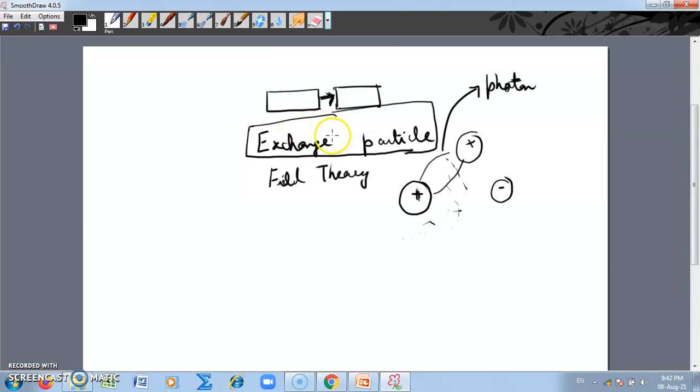So we now know that for electromagnetic force, there is a particle that is exchanged, and that is a photon.